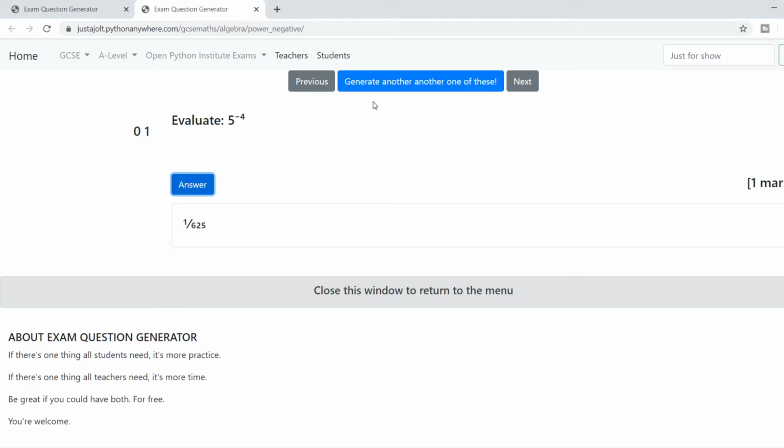So the power of this number becomes the denominator of that fraction. The reason is that you end up with a fraction that is 1 divided by the power of the number that you've negatived, if you like. So let's have a look at another example of that.